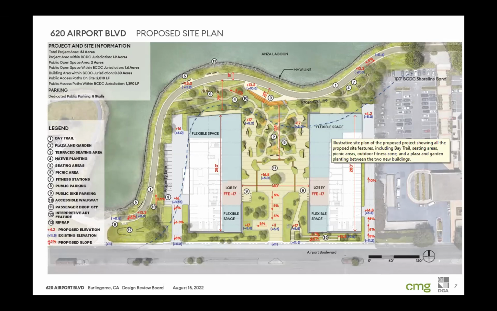I think it's impressive. But I have a question, and weigh in, because there's the public access point at the northern end, which is very clear, and a proposed interpretive sculpture there, which is great. But then the only other pathway through the site, which is a bicycle access as well, is the stair up from Airport Boulevard onto the podium.